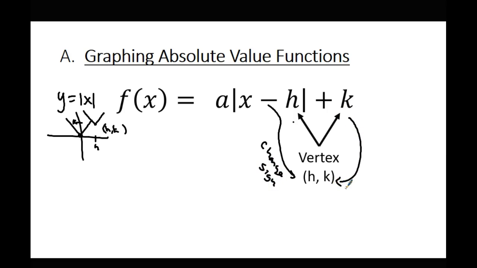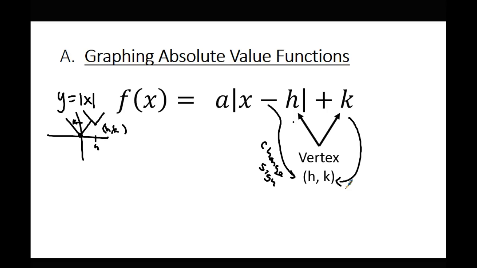No. Remember how we talked about the horizontal transformations? They always do the opposite of what you think. Well, a negative H moves it to the right. Therefore, your H actually is a positive. Likewise, if you had a positive H here, it would move it to the left, and your vertex X value would end up being negative. So you're always going to change the sign of the H, but not the K. Okay?